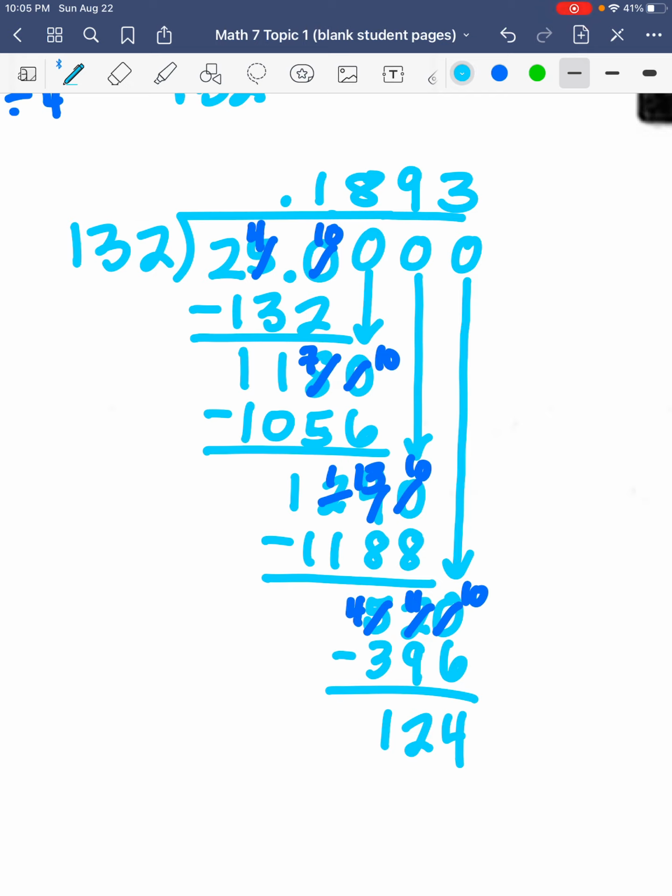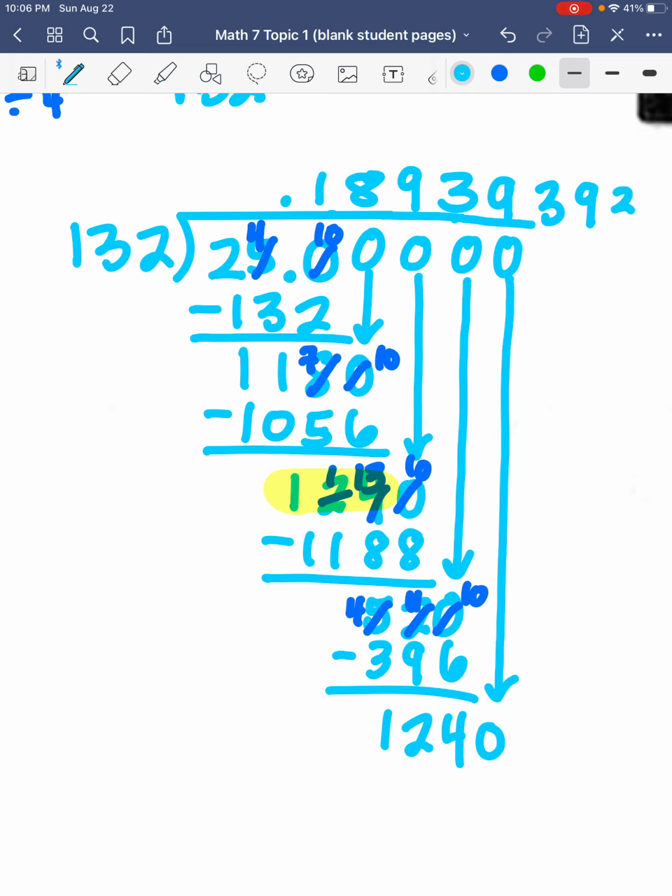If you look up here, we already had 124. So even if I were to add a 0 and bring it down, I would start to repeat. And I would repeat with that 9, and then I'd have a 3 and a 9 and a 3, and it would continue.